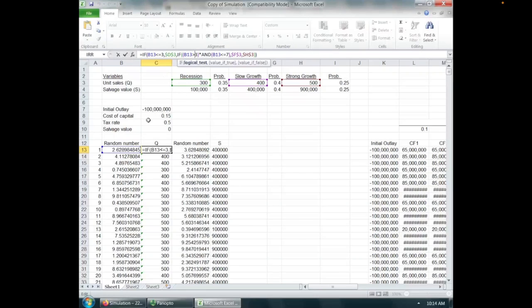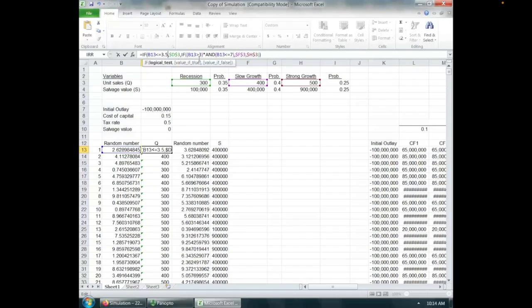So you can see that if the random number is less than 3, we have to change that because recession happens with probability of 35%, not 30%. So it should be 3.5 instead of 3. Then we choose the recession value.